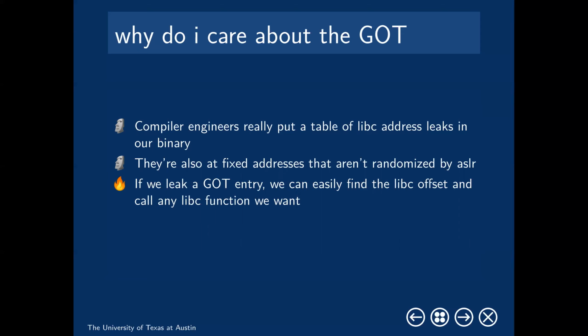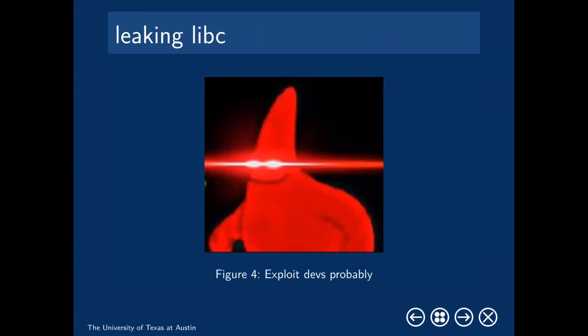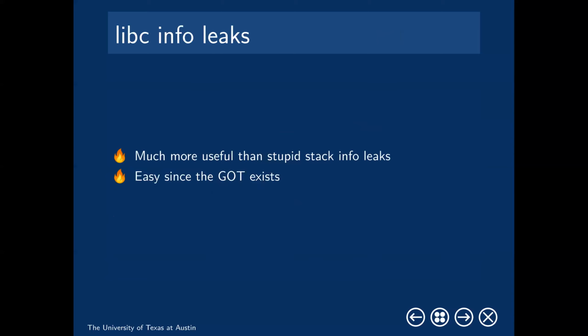If we leak a global offset table entry, we can easily find the libc offset and call any libc function we want. So mitigation engineers BTFO, right? They're just absolutely destroyed. This is the exploit devs when they found the global offset table, right?